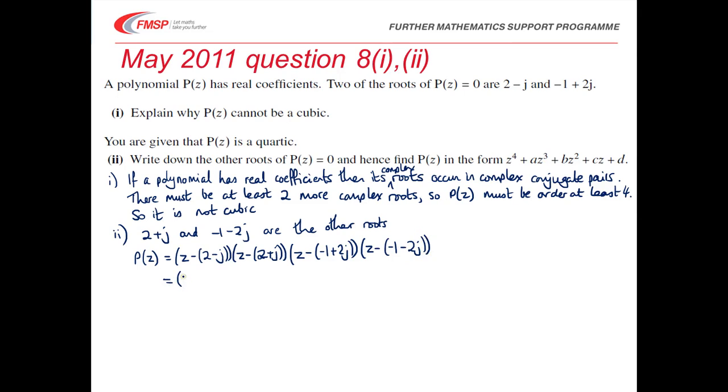Taking out those inner brackets and making sure that we've got all the signs correct. Z minus 2 plus j, z minus 2 minus j, z plus 1 minus 2j, and z plus 1 plus 2j.